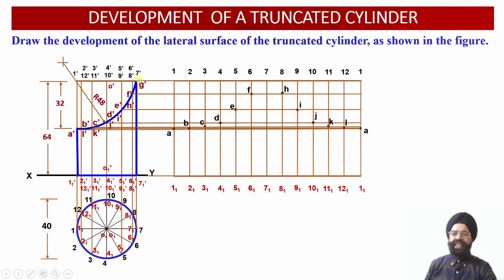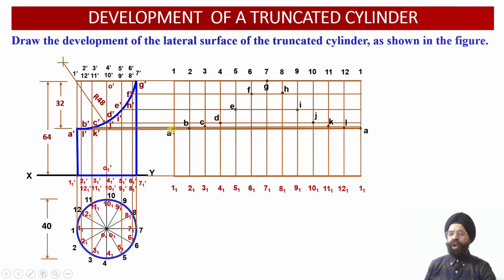We can say that the vertical generator 7 dash and 7 1 dash has been intersected by the circular cutting plane at the point G dash, and G dash coincides with 7 dash. Once we draw a horizontal projector line through the point G dash into the development surface view, it is going to intersect with the vertical generator 7 7 1 at the top point over here. That is, point G will be lying adjacent to point 7. It is going to coincide with point 7.